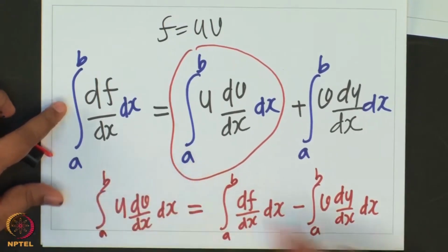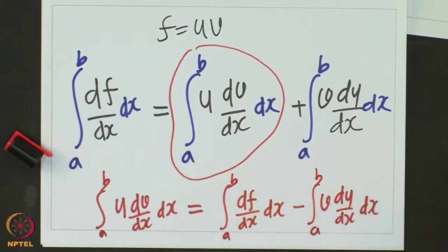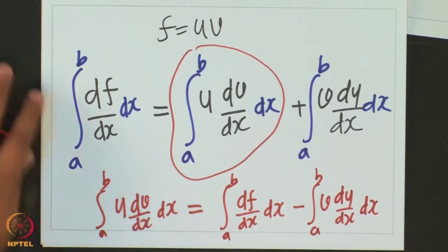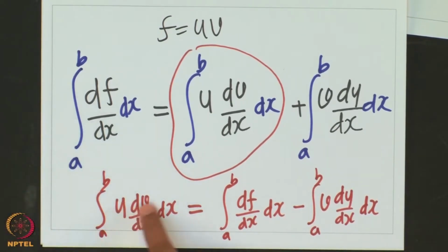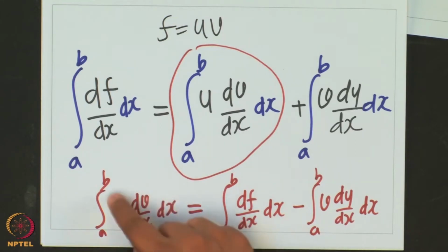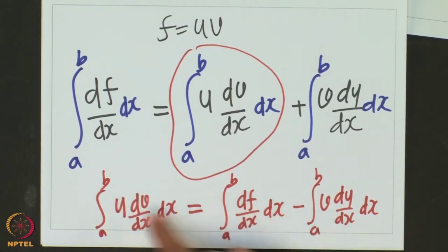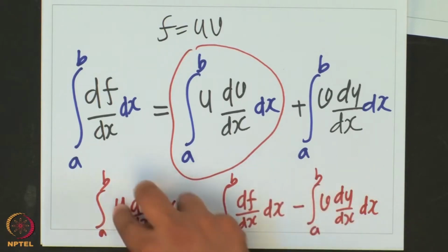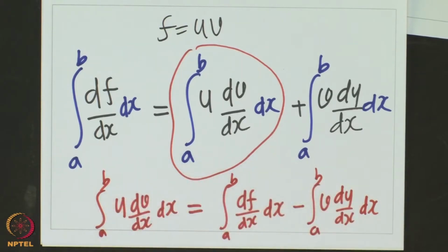This is an important formula, and it can be used to calculate the integral of a product of two functions. If you have two functions u and dv by dx, then I can calculate the integral of the product of these two functions by using this formula.